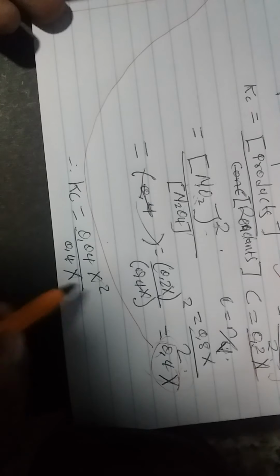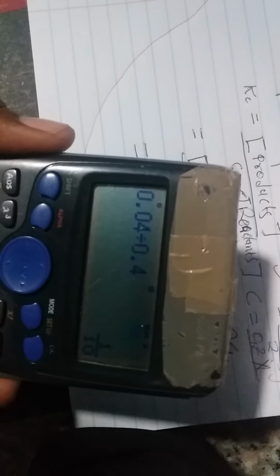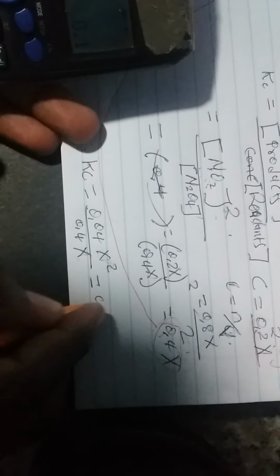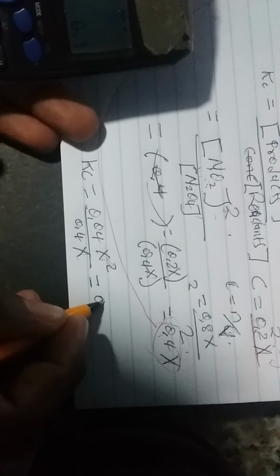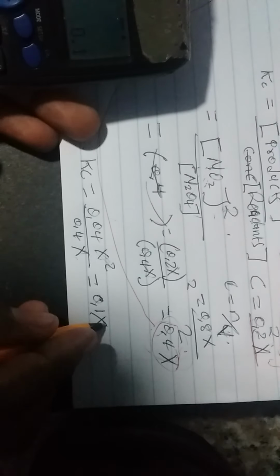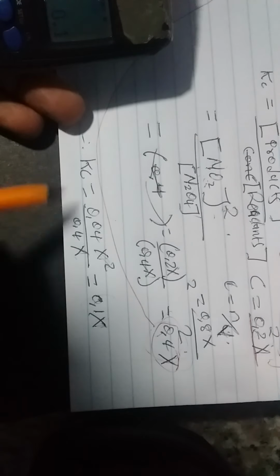So you can see that the x can cancel there, and the numbers can actually divide. So 0.04 over 0.4, your answer is 0.1. So this Kc is actually equal to 0.1x.